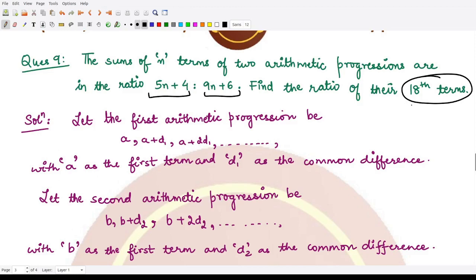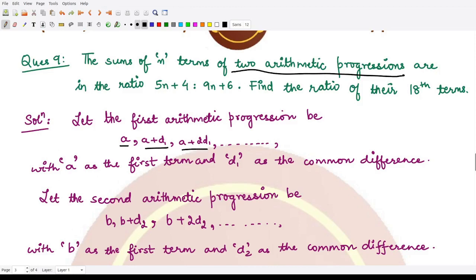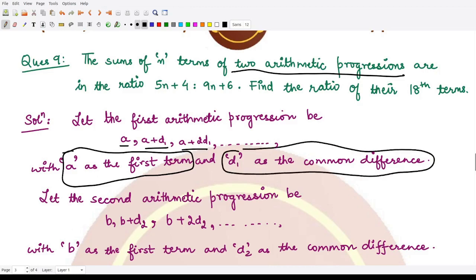So here, first of all, we can assume our arithmetic progressions. They are talking about two arithmetic progressions, right? So let's consider the first AP as a plus d1, a plus 2d1 and so on. So that means a here is the first term in the first AP and d1 is the common difference in the first AP.